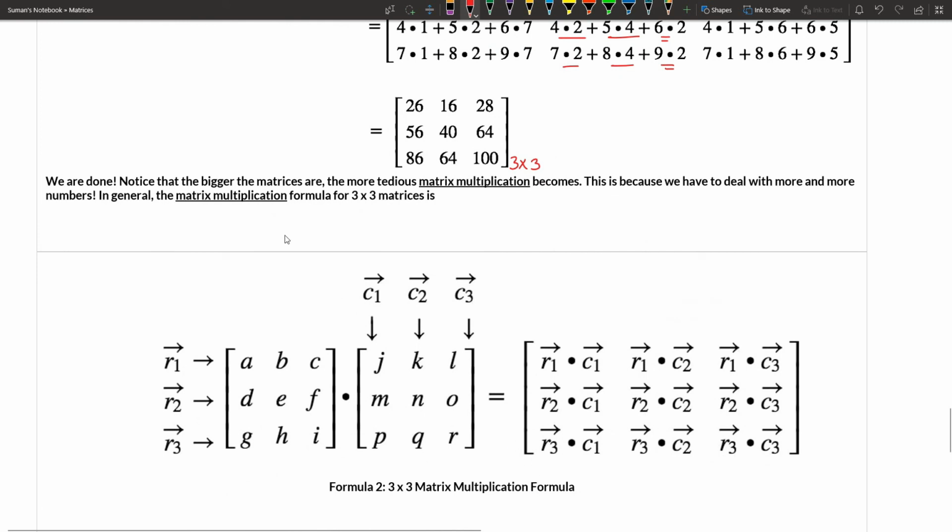So we are done. Notice that the bigger the matrices are, the more tedious matrix multiplication becomes, because we have to deal with more and more numbers and practically with the vectors.